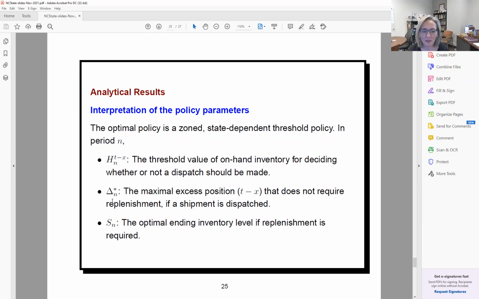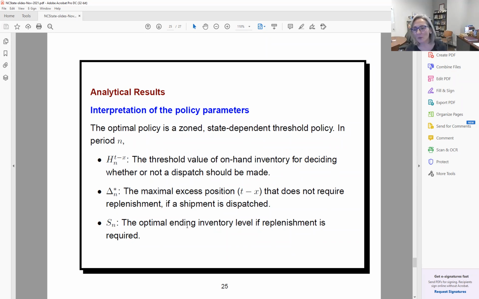The other parameters of the policy are delta. This is the maximum amount of excess inventory that you cannot afford to clear without placing an order if a shipment is dispatched. And then you have capital S. This is the optimal ending inventory replenishment level if you indeed need a replenishment.